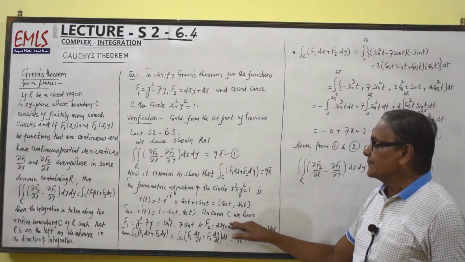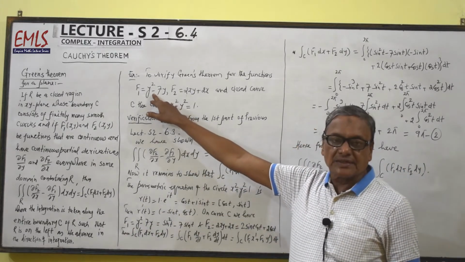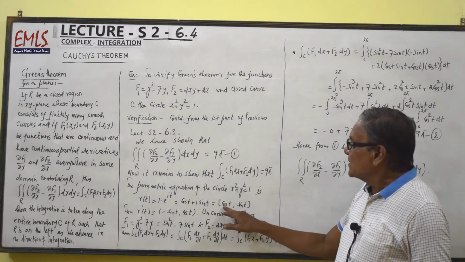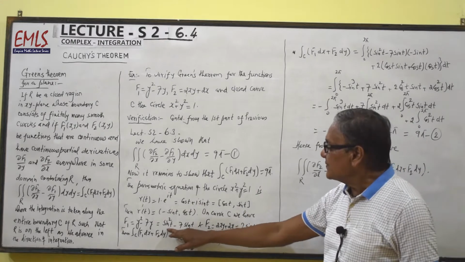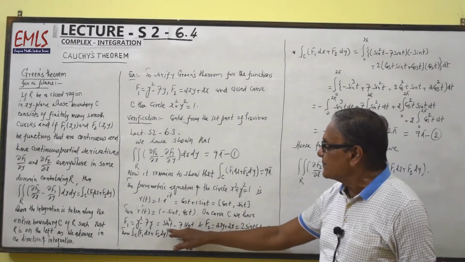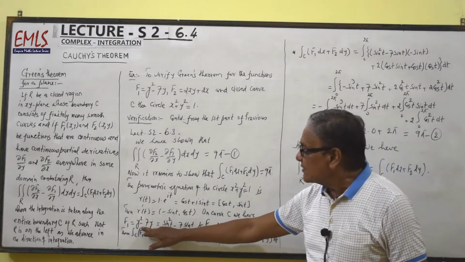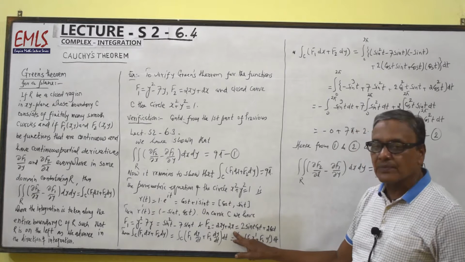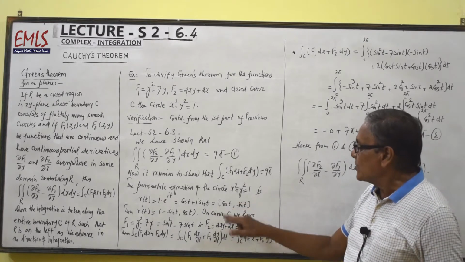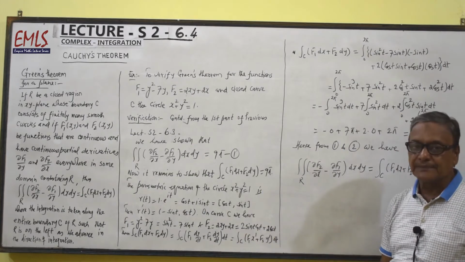On circle C we have f1 is y square minus 7y, x is cos t and y is sin t. So f1 is sin square t minus 7 sin t, and f2 is 2xy plus 2x, that is 2 sin t cos t plus 2 cos t.